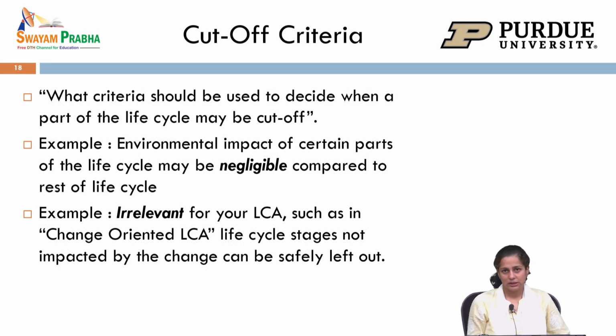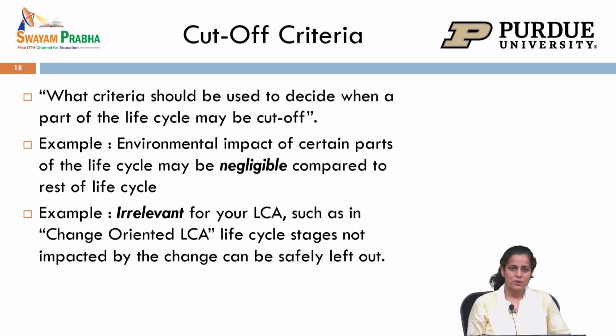Cutoff criteria is a criterion that should be used to decide when a part of the life cycle may be cut off, which literally means that we will ignore that particular process in the process LCA that we do. One example could be that if we have certain parts of the life cycle that may be negligible compared to the rest of the life cycle. An example can be that if you have a very clean process that is not emitting any emissions and your goal is to understand the emissions life cycle for your product, you can ignore that process because that is not contributing that much to the environmental impact that you are focused on.